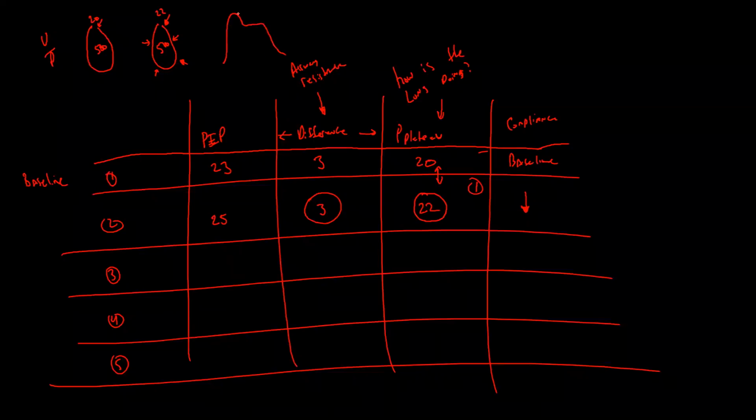What I want to do is look at the difference right here, because that is airway resistance. I do care what the peak pressure is, but for this example, I don't really care as long as I can see the difference between the peak and the plateau. And then I'm comparing that with the one before.